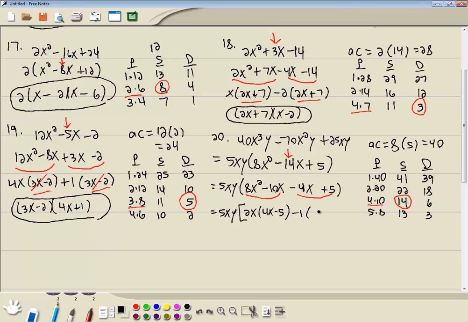So factor out a negative 1, and that gives us 4x minus 5. Our goal was to get this parentheses the same as this, which they are. So I factor out a 4x minus 5. And that leaves us 2x minus 1 inside our second set of parentheses. And that's our answer.